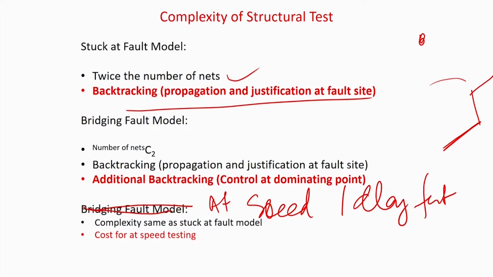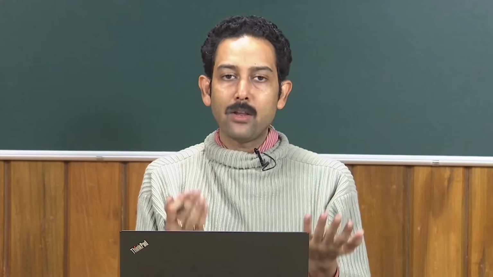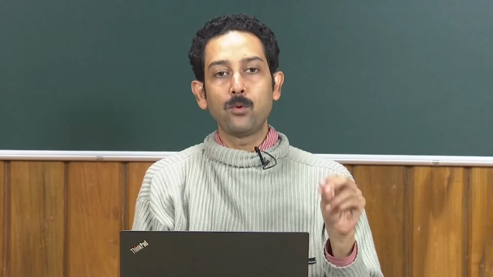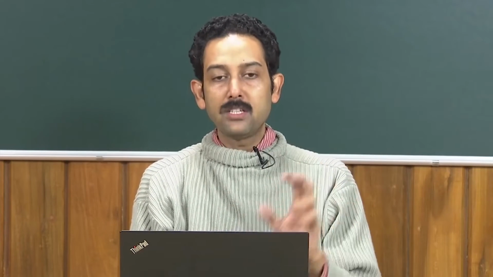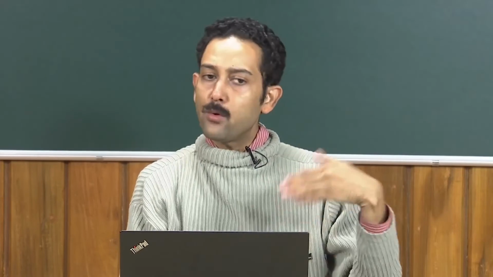So there is no additional constraint, but the only issue is that the value has to be applied at speed. It does not involve any computational complexity as such; the only thing is that you should have a higher speed ATE, or sometimes you have to put the signals inside the built-in self-test mode, an on-chip circuit which will apply them. You have already seen how that complexity can be handled by DFT circuits.